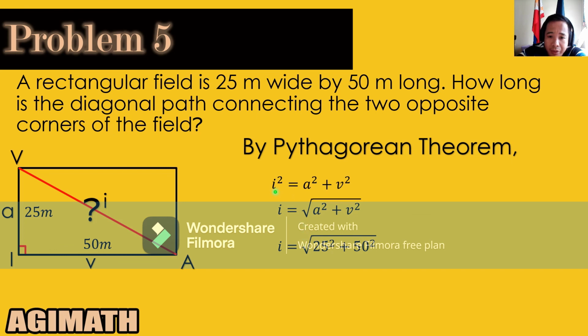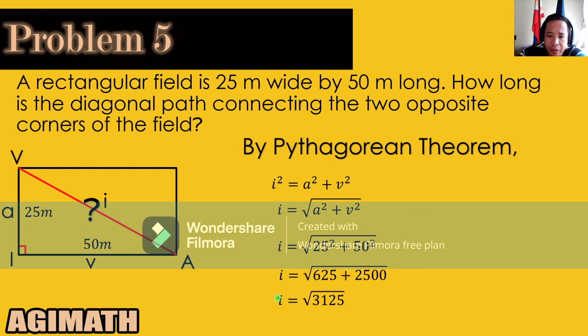if we want to solve for i, we take the square root of both sides. We have i equals the square root of a squared plus v squared. So i equals the square root of 25 squared plus 50 squared, because a is equal to 25 and v is equal to 50. So i is equal to the square root of 625 plus 2,500.